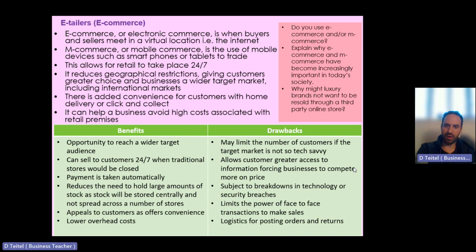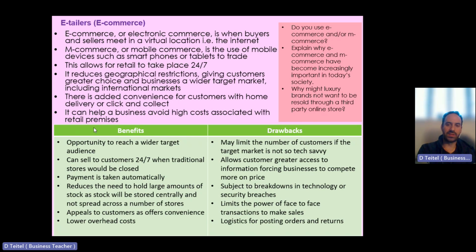But the drawbacks of e-tailing: it may limit the number of customers if the target market is not so tech savvy; it allows customers greater access to information, forcing businesses to compete more on price; it is subject to breakdowns in technology or security breaches; and it limits the power of face-to-face transactions to make sales, and there are logistics for posting orders and returns.